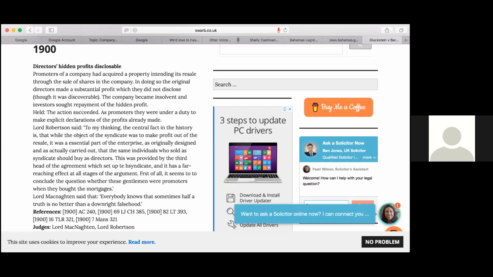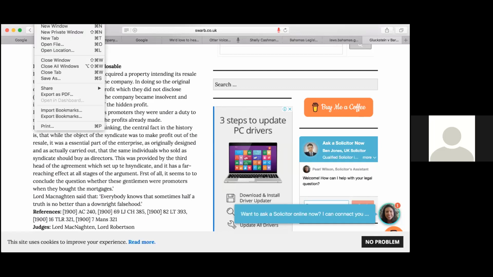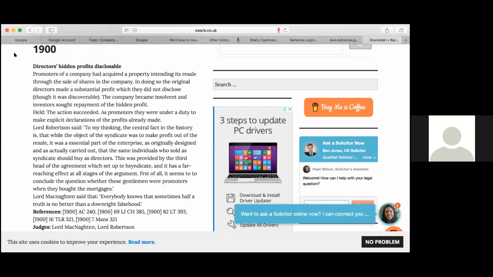Yeah. So on the 6th of January, a large number of fully paid shares were allotted to the vendors of the mill, and they were later transferred to Lewis. Remember, Lewis was the promoter.